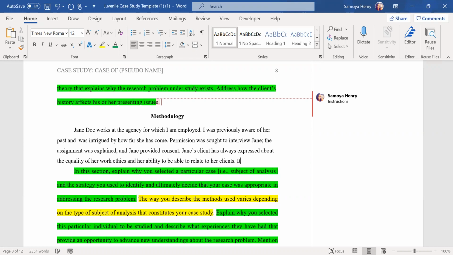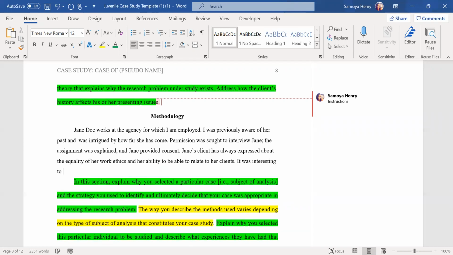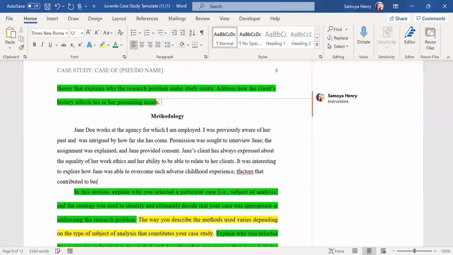It was interesting to explore how Jane was able to overcome such adverse childhood experiences, the factors that contributed to her delinquent lifestyle, and the systems that aided her growth and development. One paragraph.